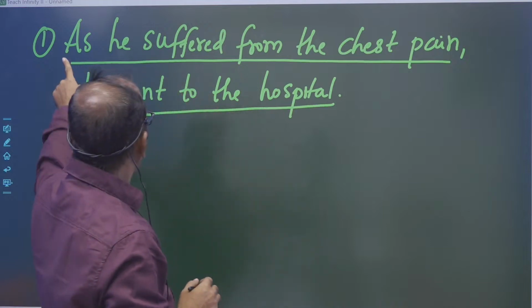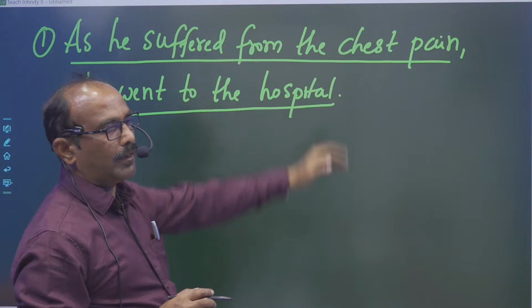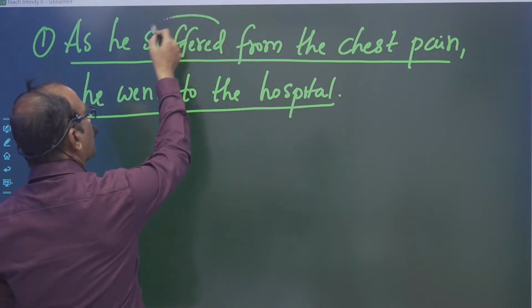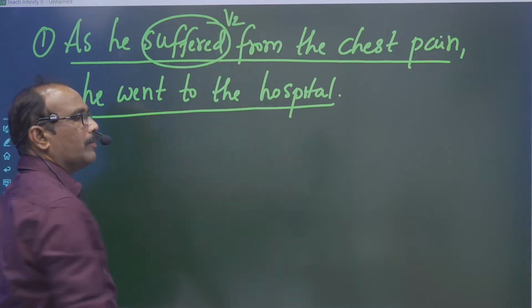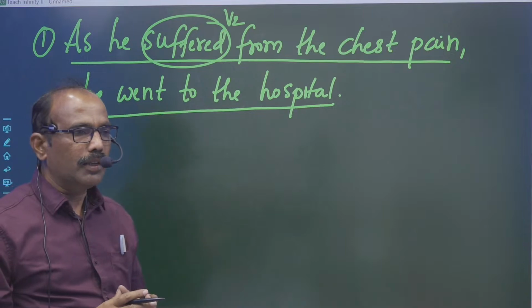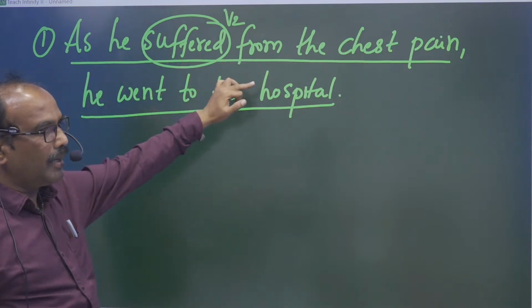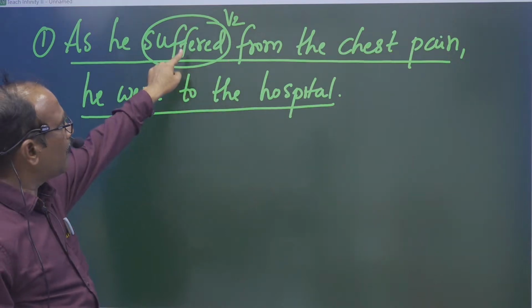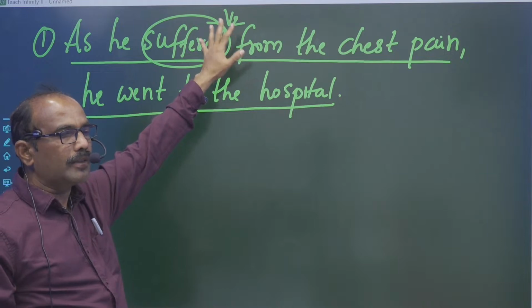Now, as he suffered from the chest pain, this is a part of a sentence, and we have one finite verb here, that is verb number 2. The V2 form of a verb is always a finite verb, as told earlier. So this is a part of a sentence and it has the finite verb suffered with it, and that's why this is considered a clause.